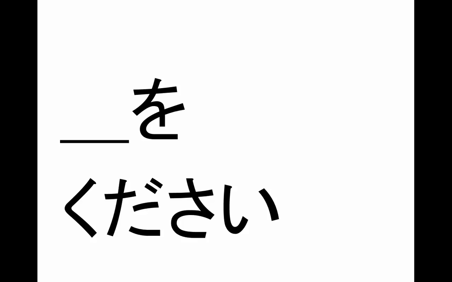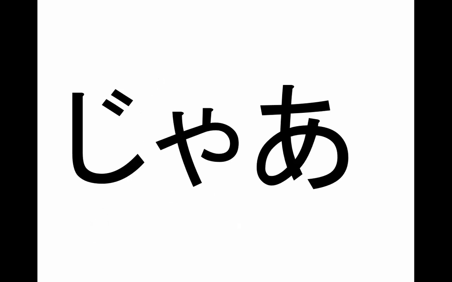Okay? The one that you do need to make a contrast with is coming up in a second. This one is ja, which is like, well then, as in, ja, ikimashou, well then, let's go, or ja, kore o kudasai, well then, give me this one please.